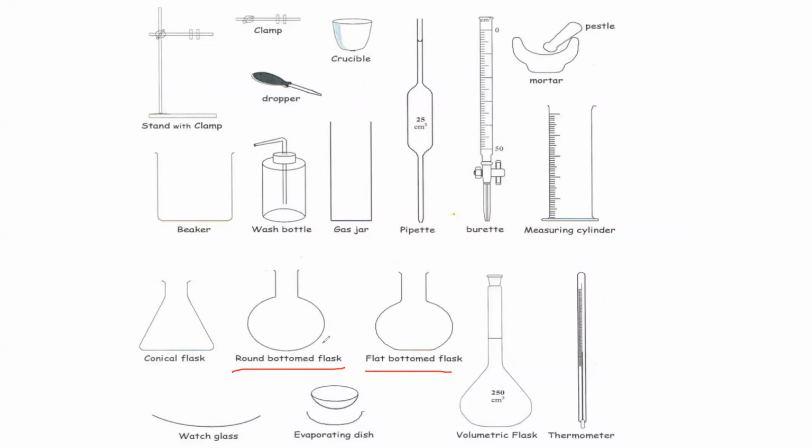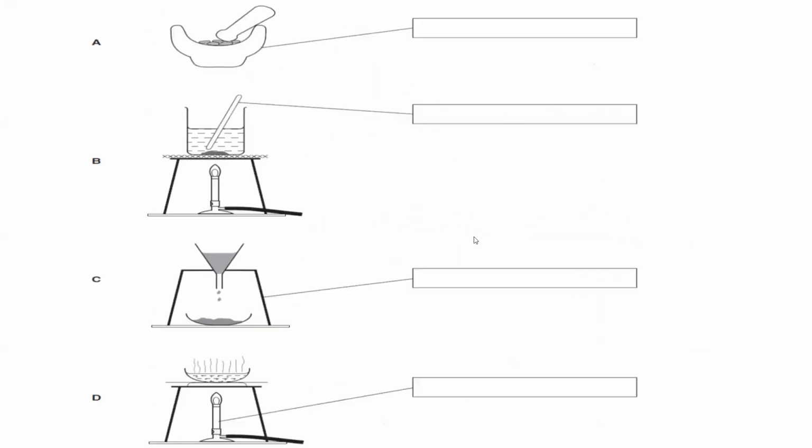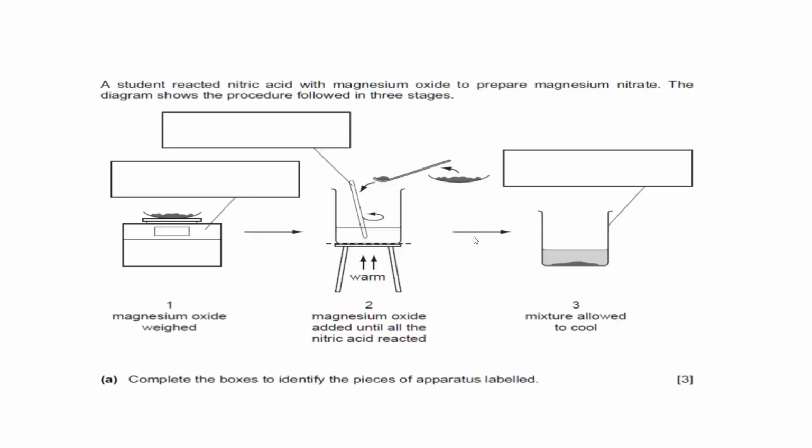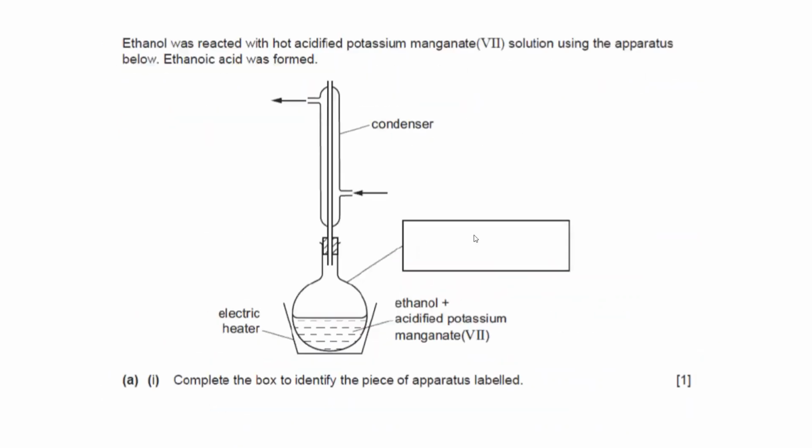So which flask is shown in the picture? Which one is shown in the picture? A round or a flat? So it is a round bottom flask.